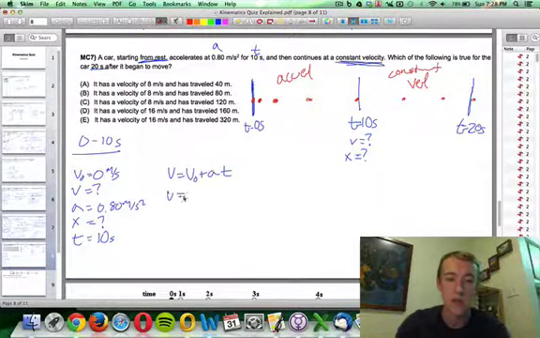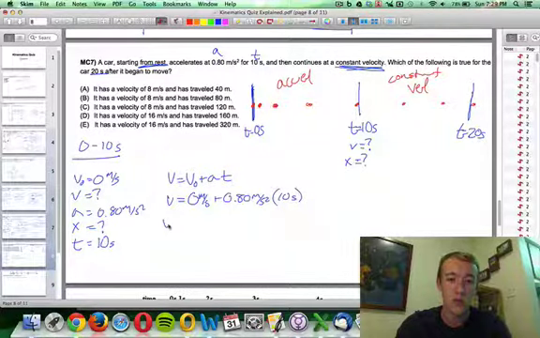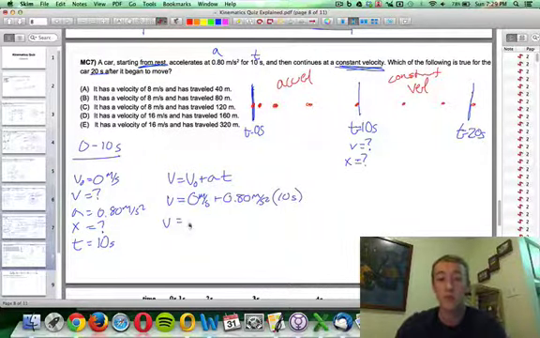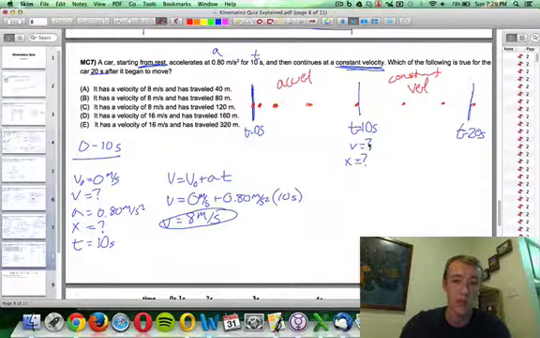Initial velocity of 0 meters per second, acceleration 0.80 meters per second squared, times 10 seconds. So your velocity here is going to be 8 meters per second. Good. That's the velocity right here.